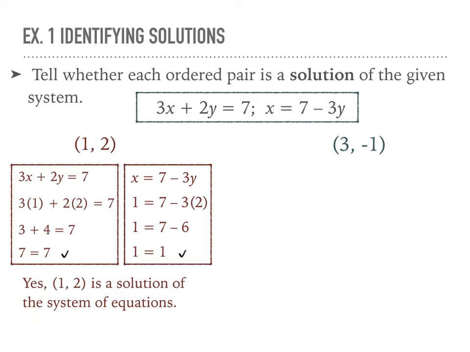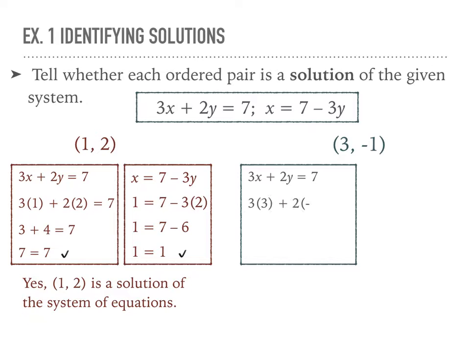Now we knew from the graph (3, -1) was not a solution, but let's show why it isn't algebraically. Let's substitute x equals 3, y equals -1 into the function, and let's simplify the expression. I do get a true statement here, which tells me (3, -1) lies on the first function.